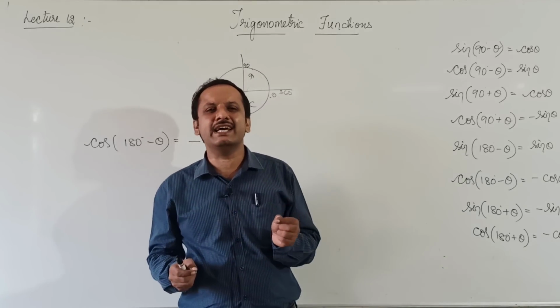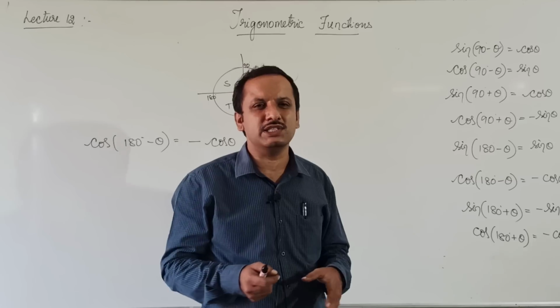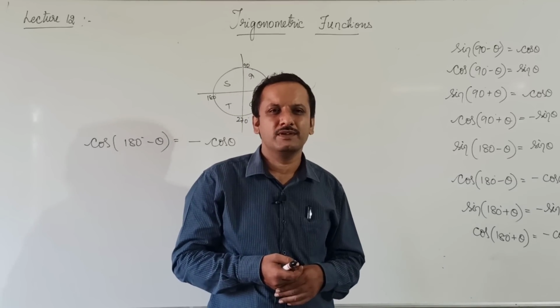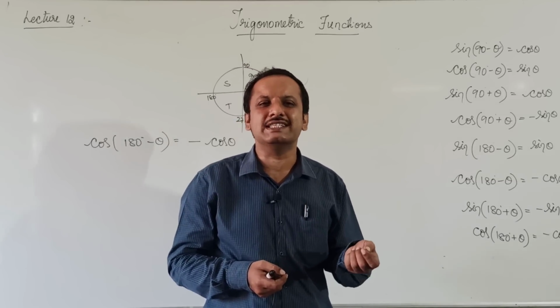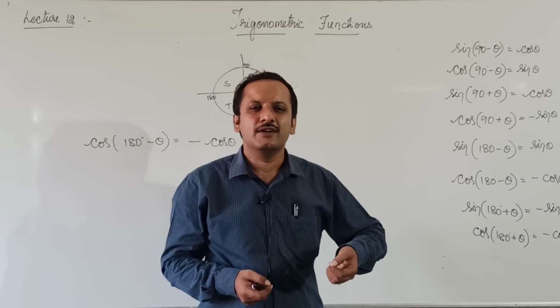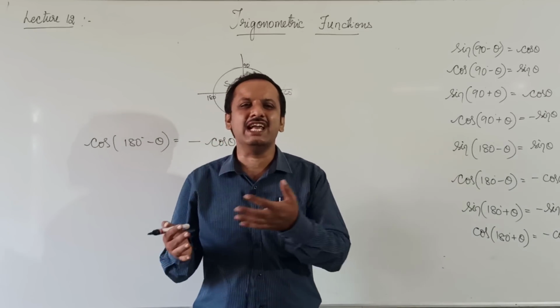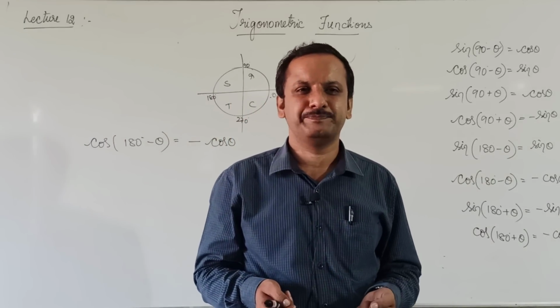Similarly, secant theta and cosecant theta are co-functions of each other. Then tan theta and cot theta. Cot theta is actually cotangent theta. Tan theta is tangent theta. Tan and cot are also co-functions.